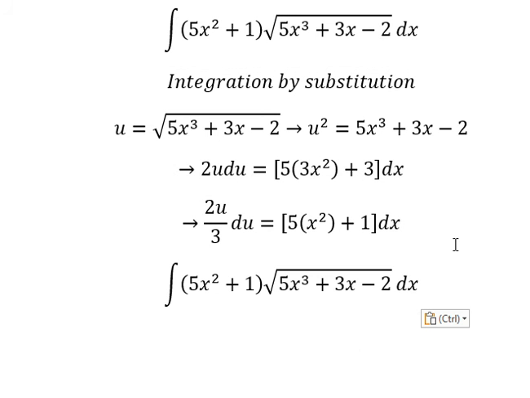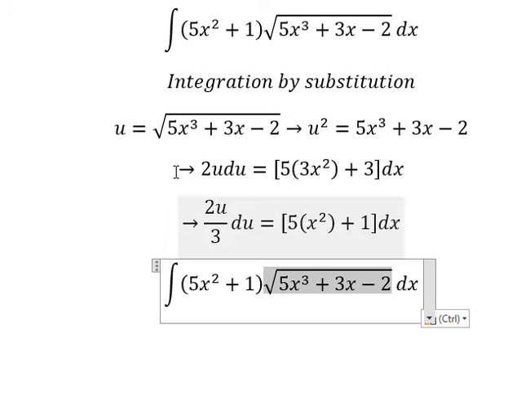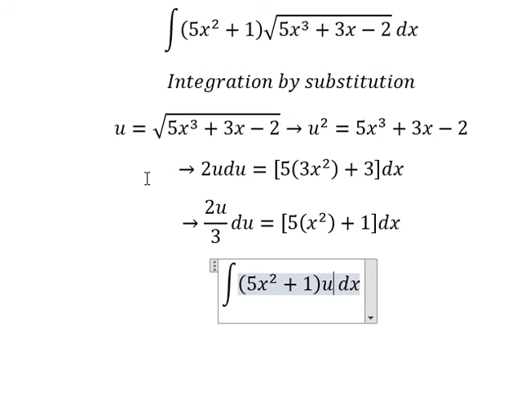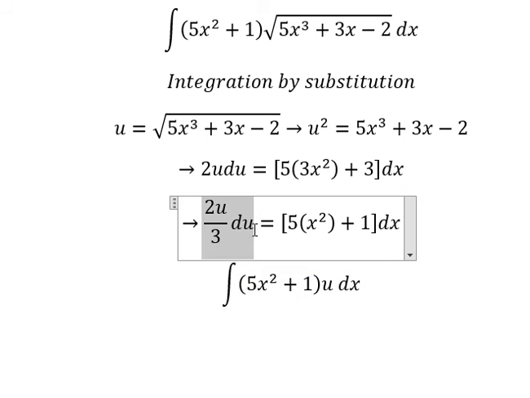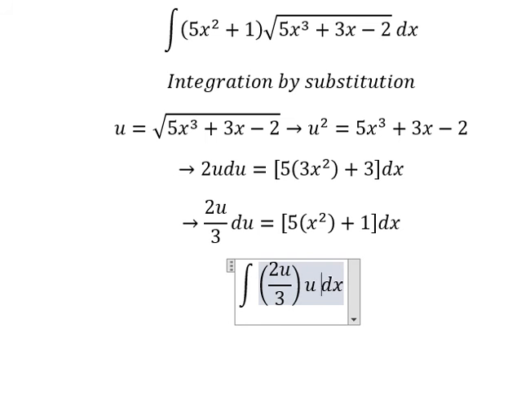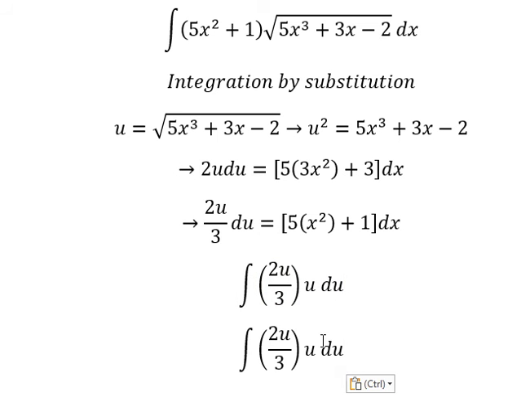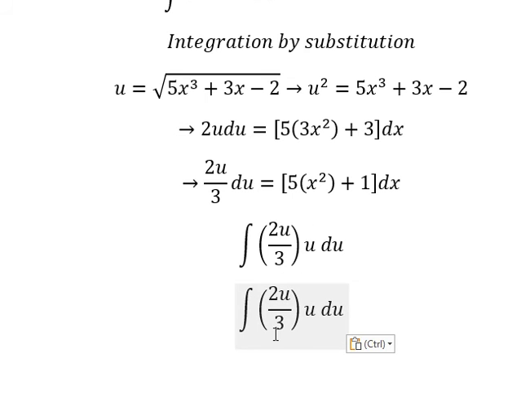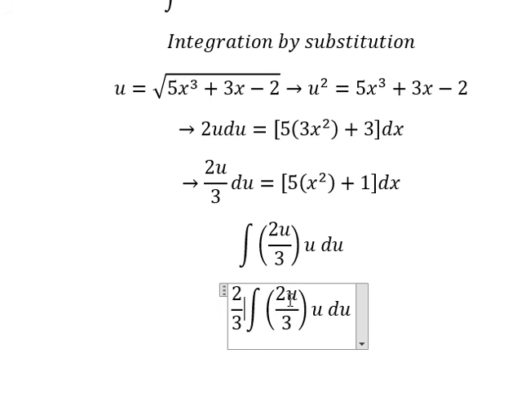So, the square root we change by u. 5x squared plus 1 dx we change by 2u over 3 du. So, I will put 2 over 3 outside. u and u, we have u squared.